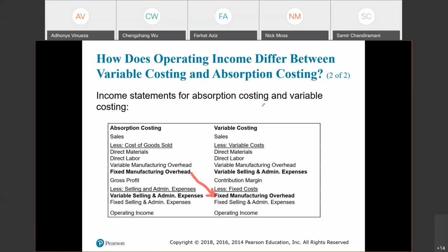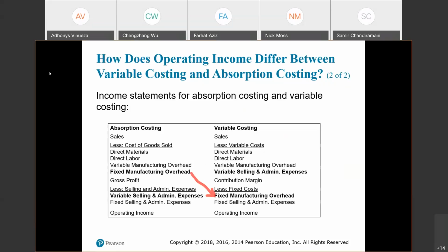So in contribution margin less fixed cost, which includes fixed manufacturing overhead and fixed selling and administrative expenses, we get the final operating income. So generally speaking, in variable costing, we use sales revenue less variable cost less fixed cost. And finally, we get the operating income.